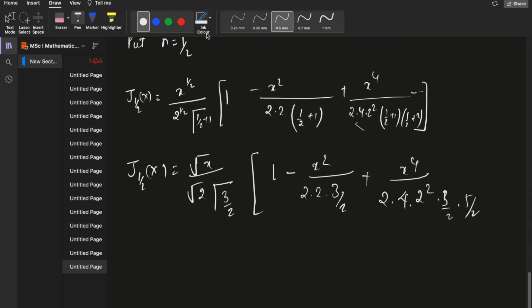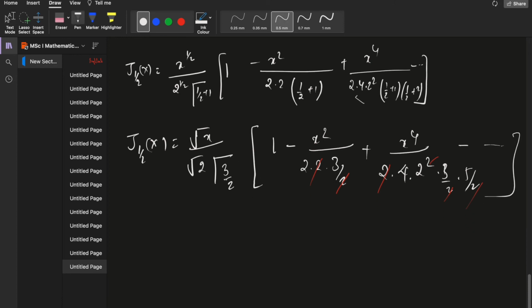Alright, so I can see this is cancelled, this is cancelled. One power will cancel out here. So I can see root of x upon root of 2, and I can write gamma function 3 upon 2 as 1 upon 2 times gamma function 1 upon 2. Why? Because I know gamma function n is equal to (n minus 1) gamma function (n minus 1).